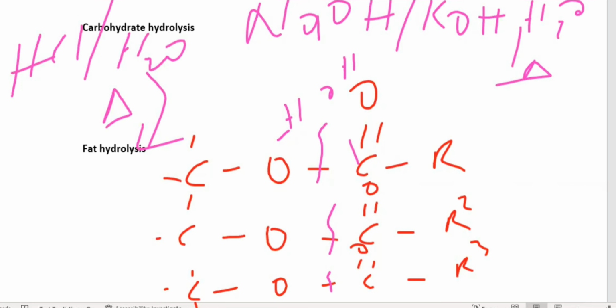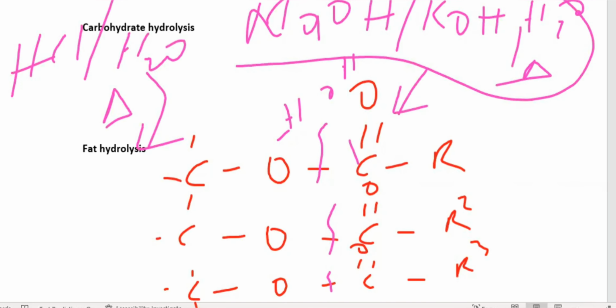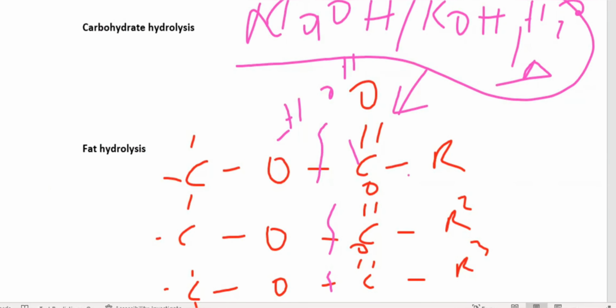However, when you do the alkaline hydrolysis of fats, you end up with, instead of the acid, so I'm going to clear something over here so we can look at that. Okay, so what you would expect to get with the hydrolysis of the acid is this. You are expected to get this, R-C double bond O-H.